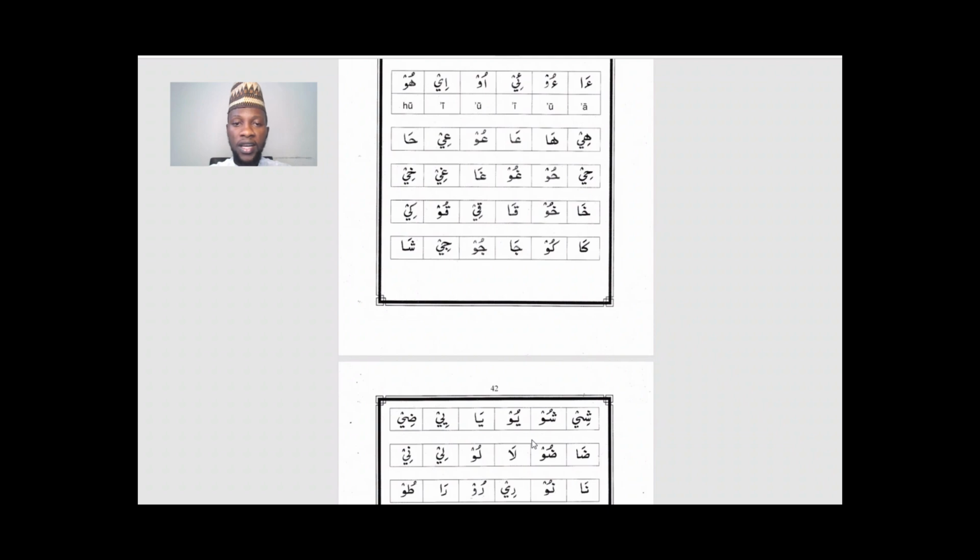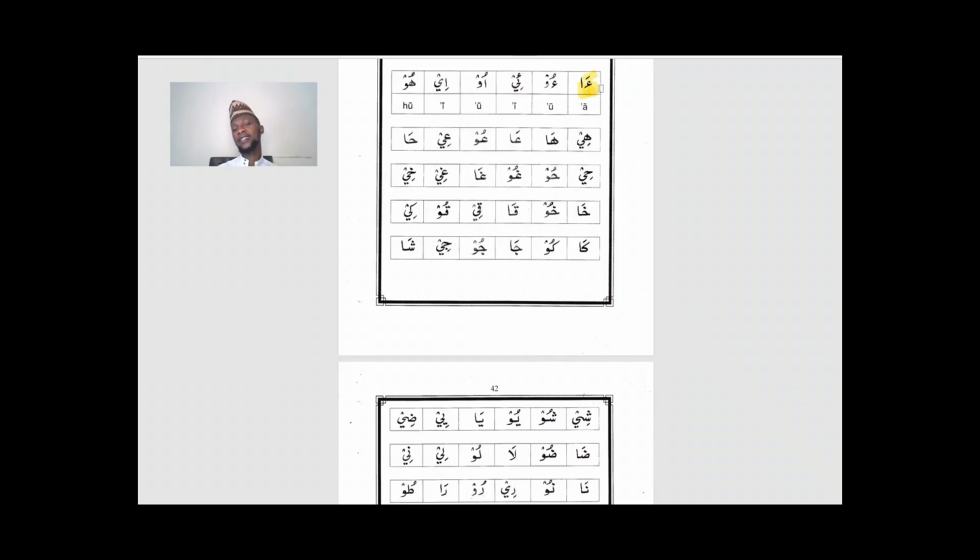As you can see on my screen, this alif here is called alif mad. Why? Because the letter before it has a fatha above it.